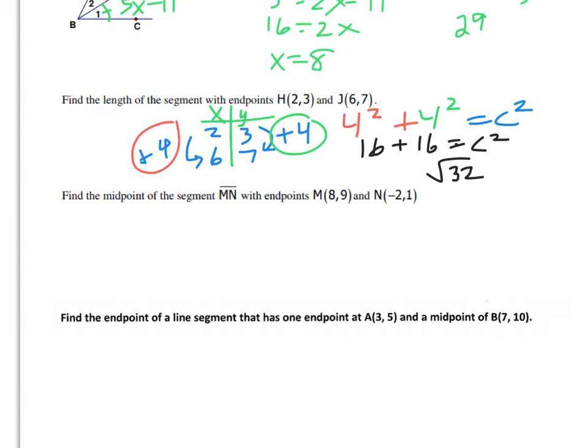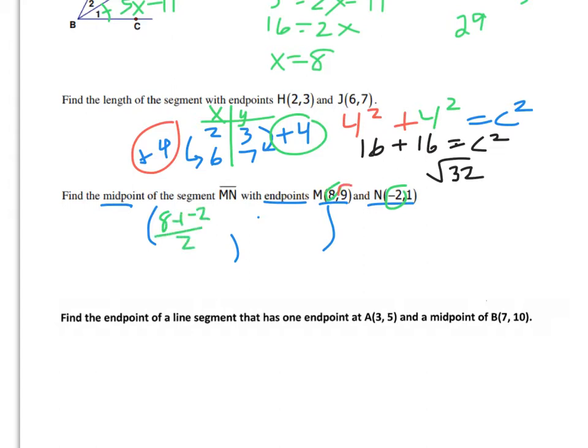Then we did midpoint. Find the midpoint of the segment with endpoints M and N. So this is where we're going to find basically the average. We add the x values. So I have 8 and -2, and divide by 2.